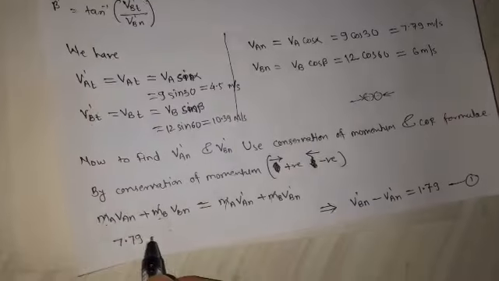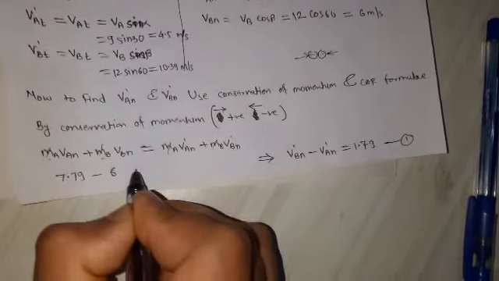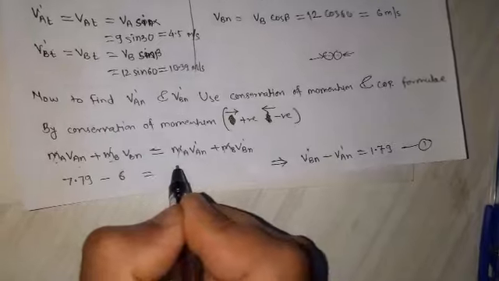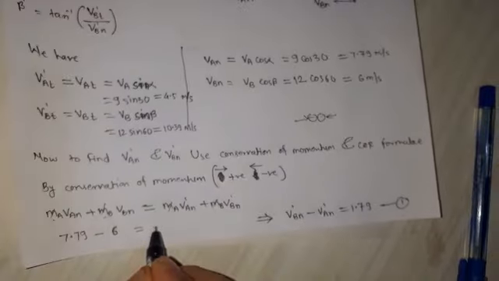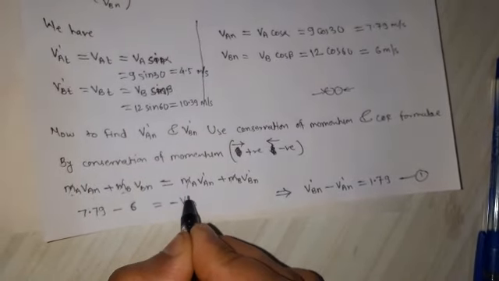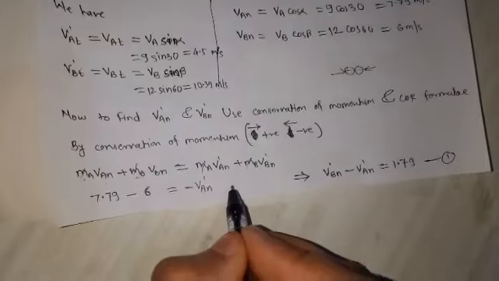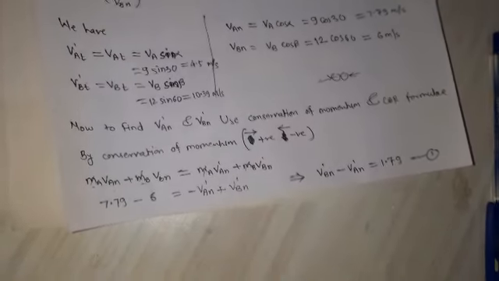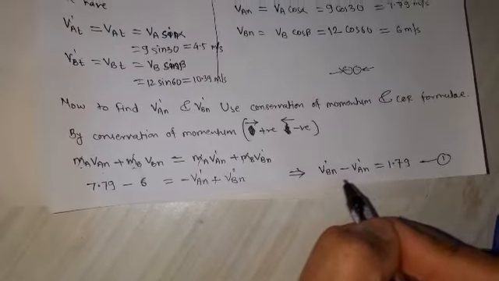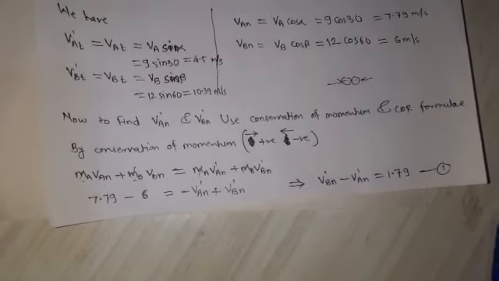Now vbn is towards left, so minus vbn, which is 6, is equal to, we don't know van dash, but its direction is towards left, so I write minus van dash, and vbn dash is towards right, so it's plus vbn dash. Now this gives me vbn dash minus van dash is equal to 1.79. Let's call this equation number 1.